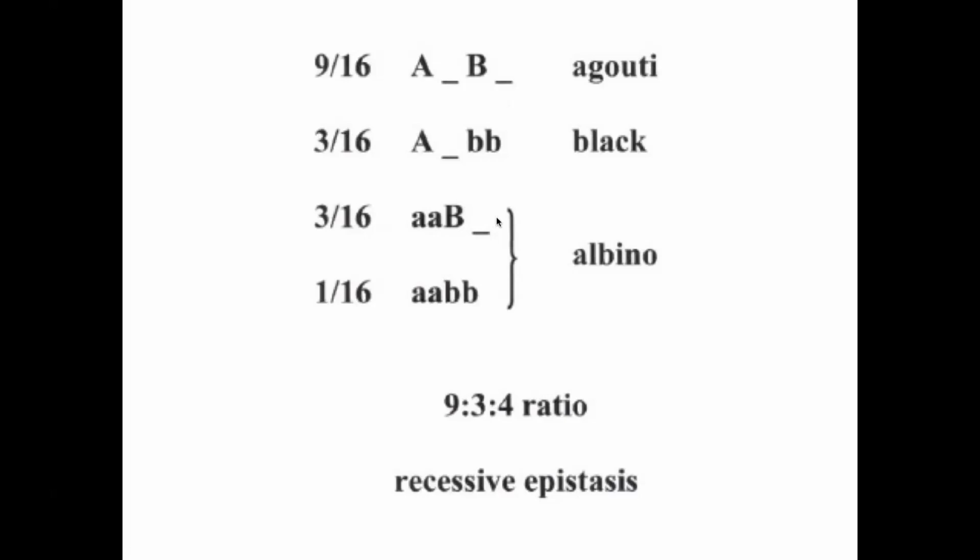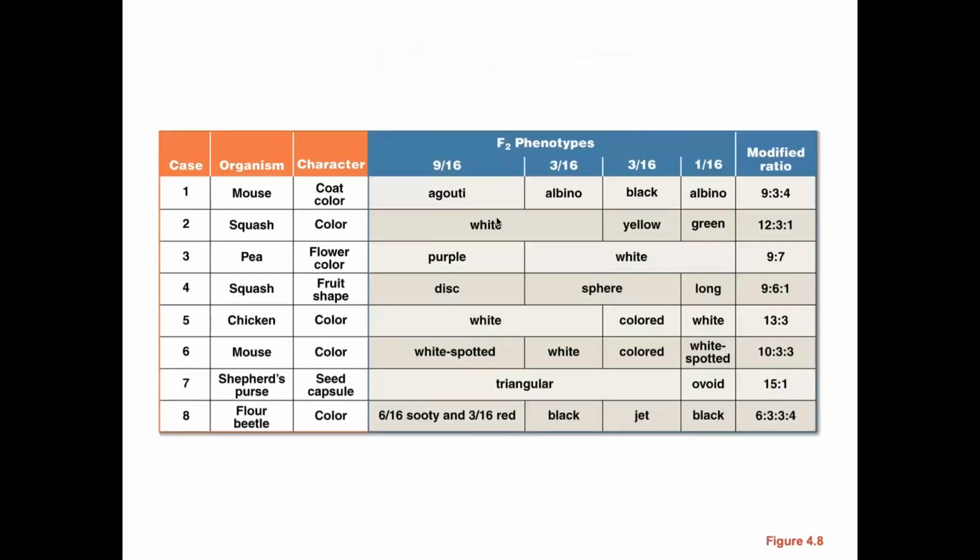Okay, so that's one type of epistasis, one type of genic interaction. There are many others. So here's another example: fruit color in squash. Plant breeders were trying to work out the genetics of fruit color.